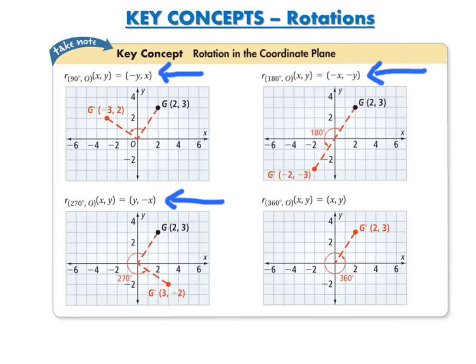Now, if you were rotating at 360 degrees, which you're not, but if you were, your values don't change. You're starting right back where you were in the first place. So the three that you're going to be working with are 90 degrees, 180 degrees, and 270 degrees.